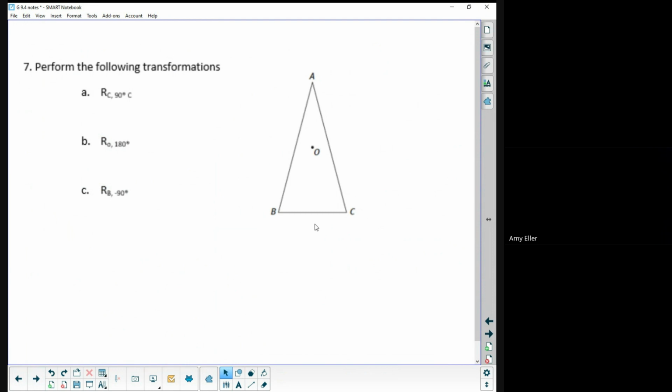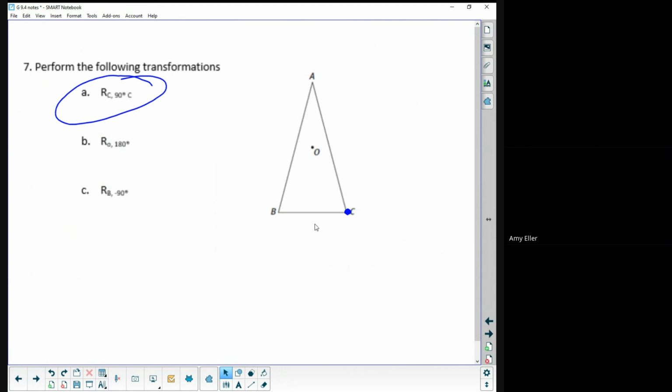All right. So what we are doing here is we are rotating around point C. So let's put a big dot at point C. Let's trace your triangle. And then see how you do. Trace it, cut it, and then rotate it the way the clock moves.